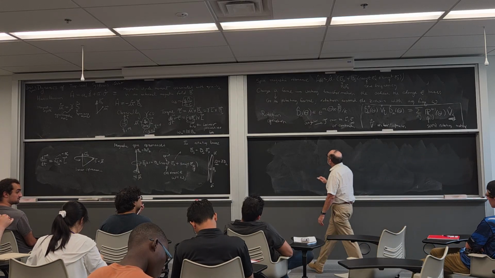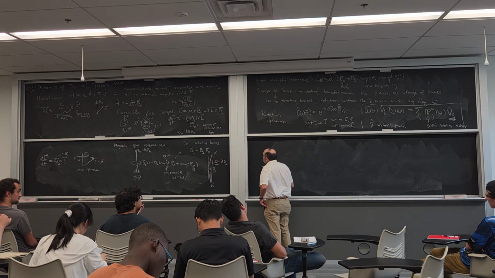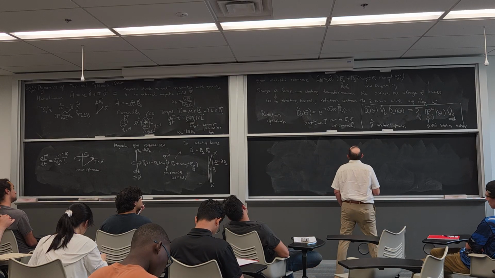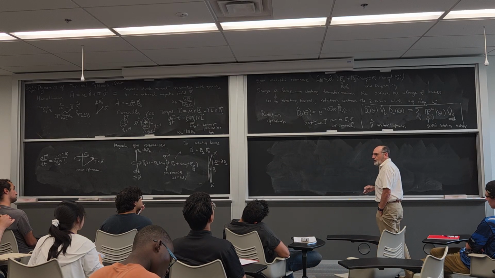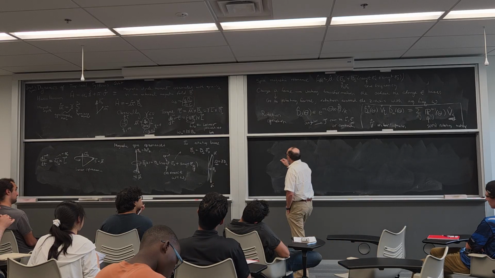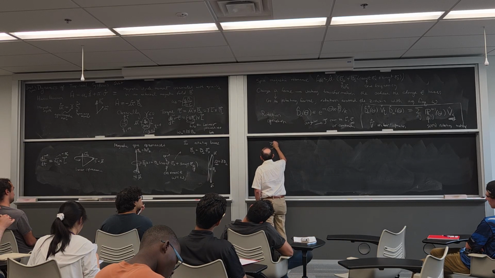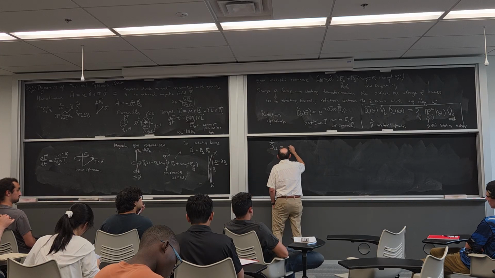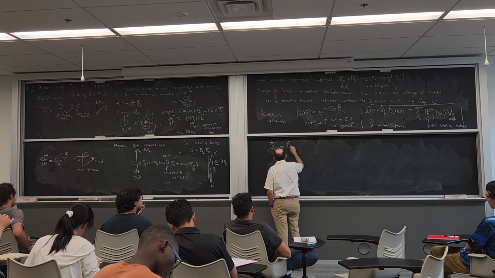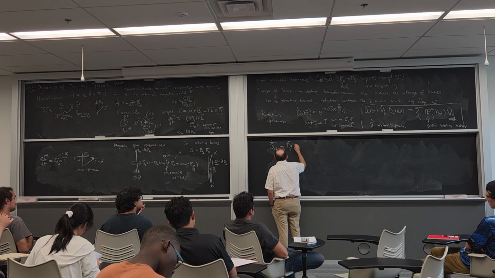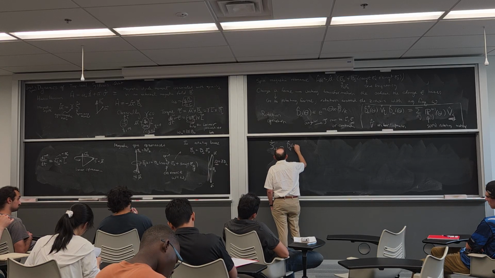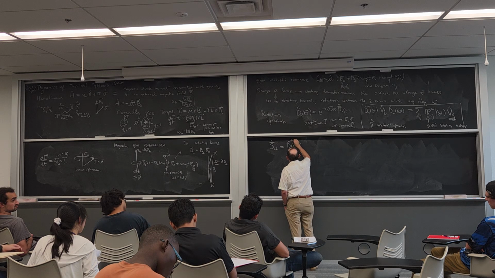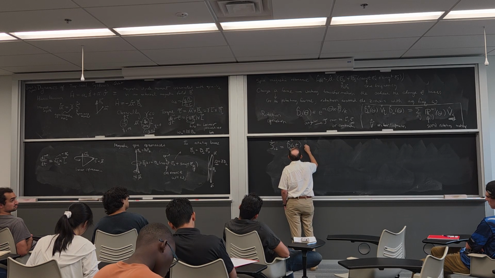So now I want to look at the Heisenberg equations of motion in the rotating frame. My spin vector in the rotating frame is going to be equal to, in this case, a rotation around the z-axis by an angle omega t.